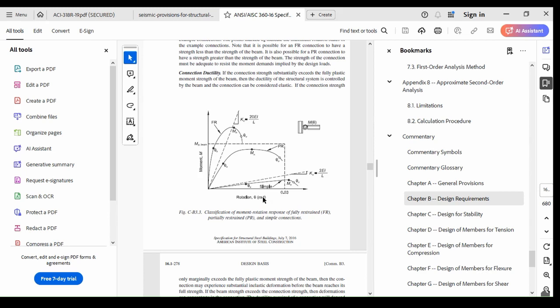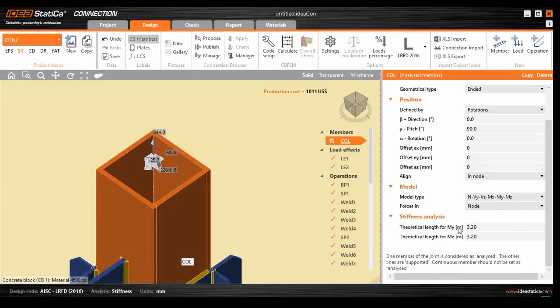So in order to determine these lines, we need to calculate EI divided by L. As you see here, this line is 20 EI divided by L, and this line is 2 multiplied by EI divided by L. The software calculates E and I based on material and geometry of the column, but we assign L in this input here in IDEA: theoretical length for MY and theoretical length for MZ.